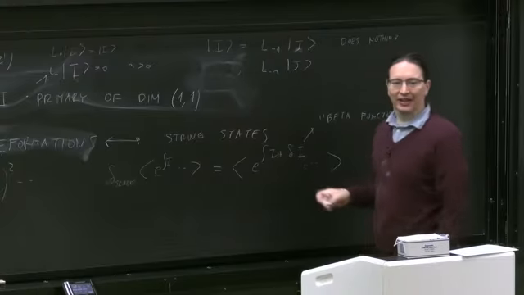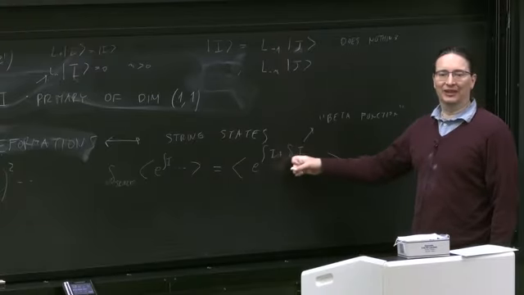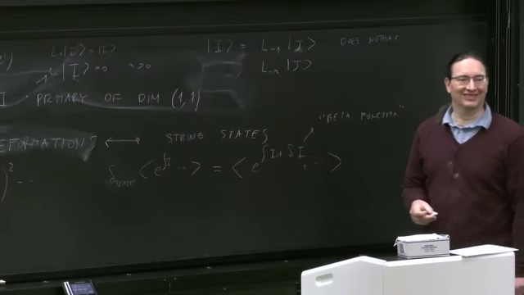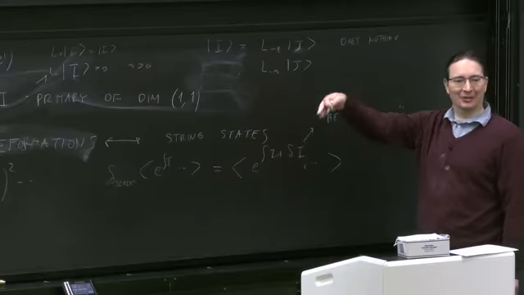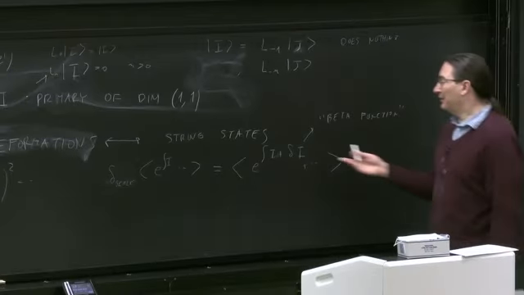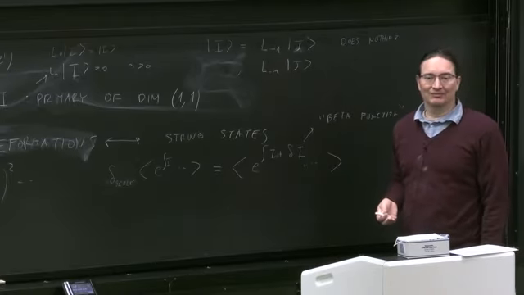The beta function tells you what's the infinitesimal change of the couplings as a function of the couplings. It's a vector field in the space of couplings. And if we have a beta function, there will be trouble.